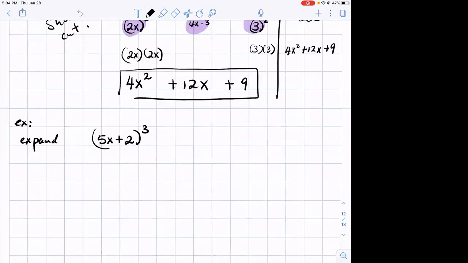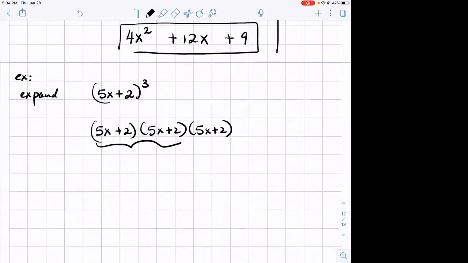But before we get to the cubic formula, keep in mind that this is the same as 5x plus 2 times 5x plus 2 times 5x plus 2. And if you know how to foil this out with a shortcut, you could multiply that out first. You'll get 5x squared plus 2 times the 5x times the 2 plus 2 squared.